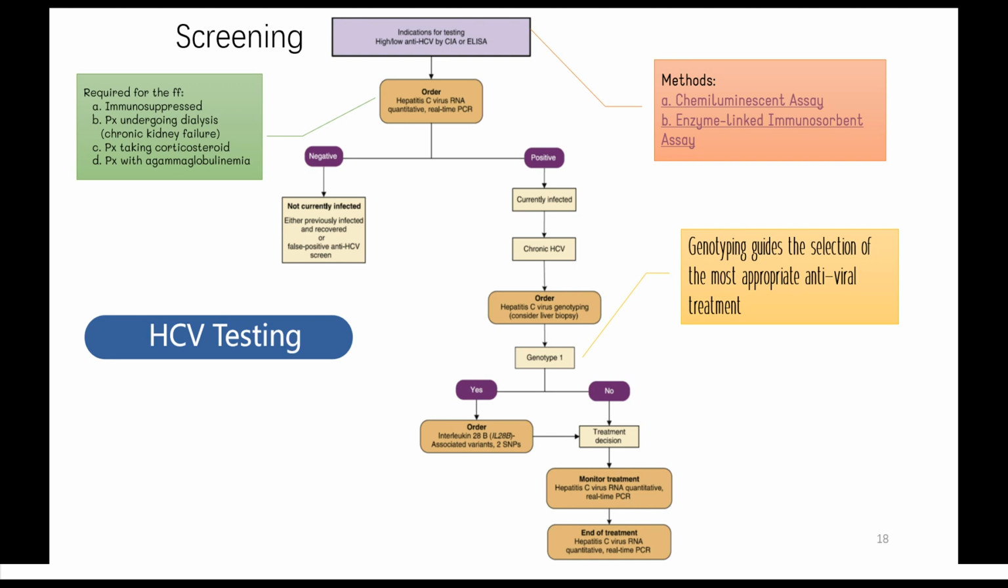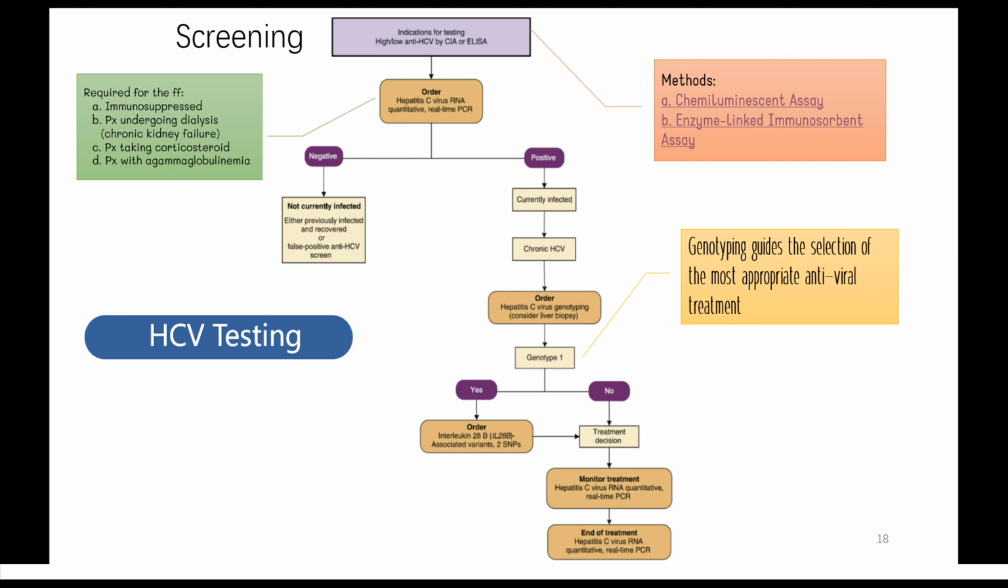Okay? What is the importance of interleukin 28B? Interleukin 28B is actually a gene that is involved in the immune response to certain viruses, including hepatitis C virus. Interleukin 28B has three variants. Merong CC, CT, and TT.